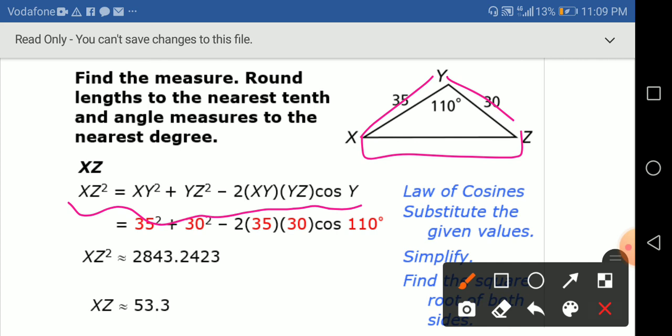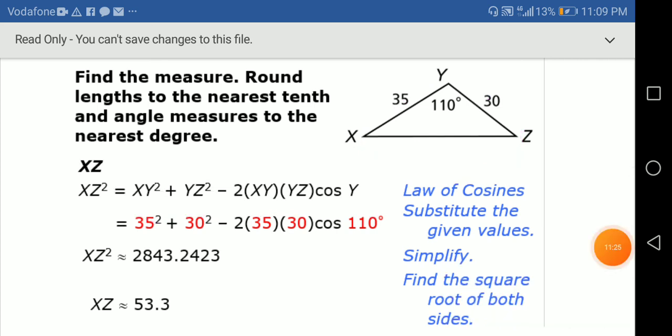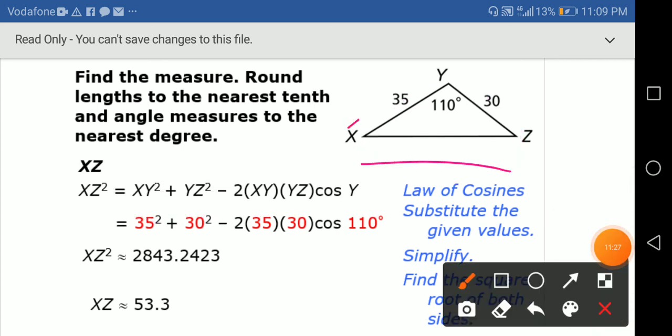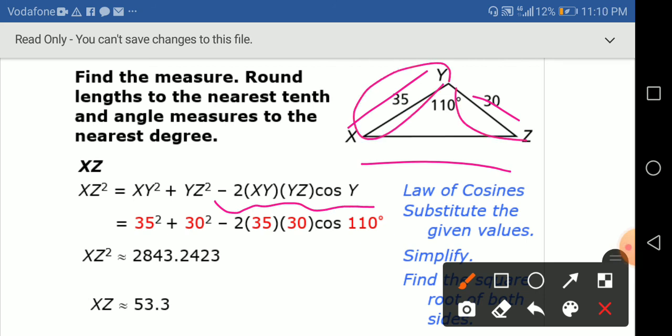So XZ power 2 in an acute triangle equals XY power 2 plus YZ power 2, but we have an extra thing, minus the two sides multiplied by each other: 2 times XY times YZ times cosine of the angle between.